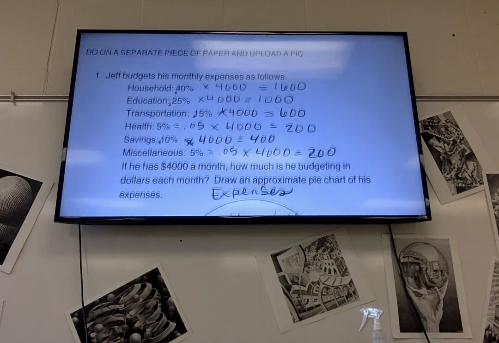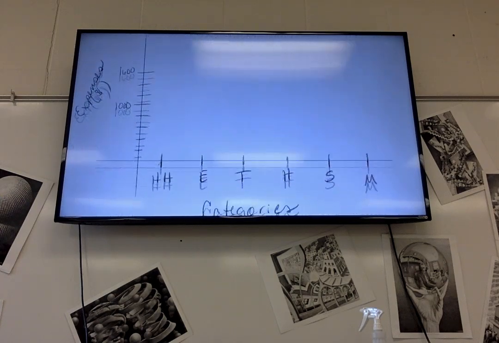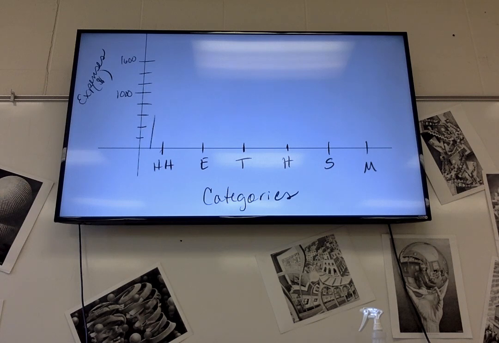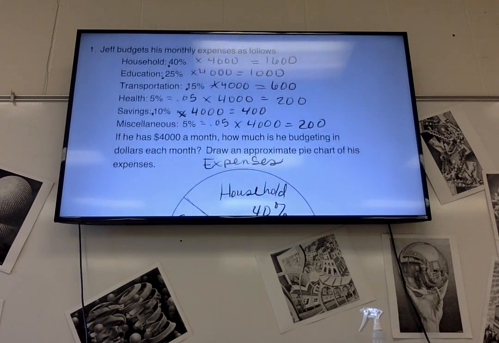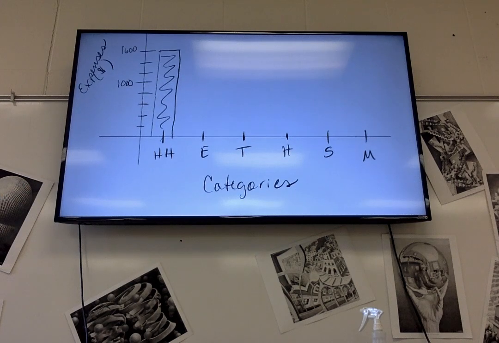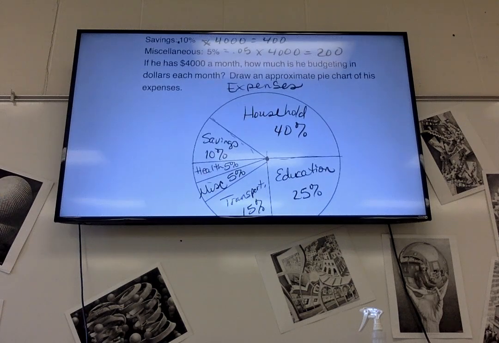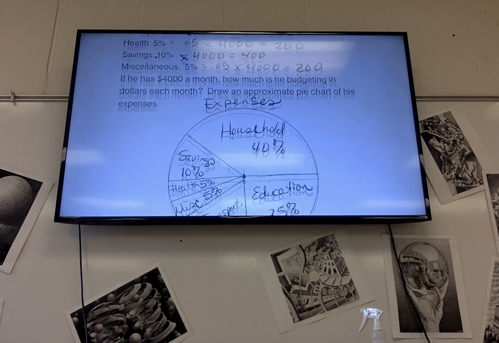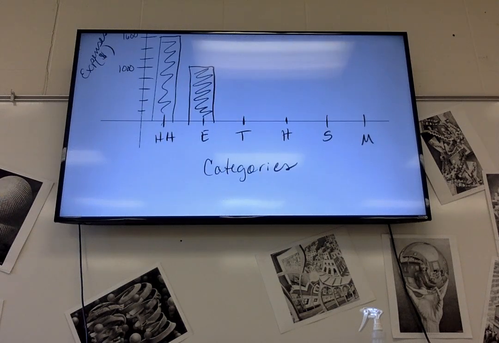So household expenses was $1,600. Education is 1,000. Remember, these bars should not touch. If they do, you're drawing a histogram and not a bar graph. So there should be spaces in between them. Transportation is 600.